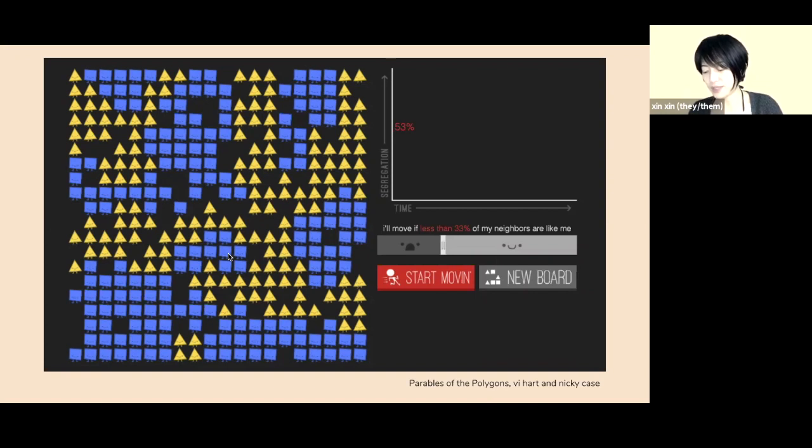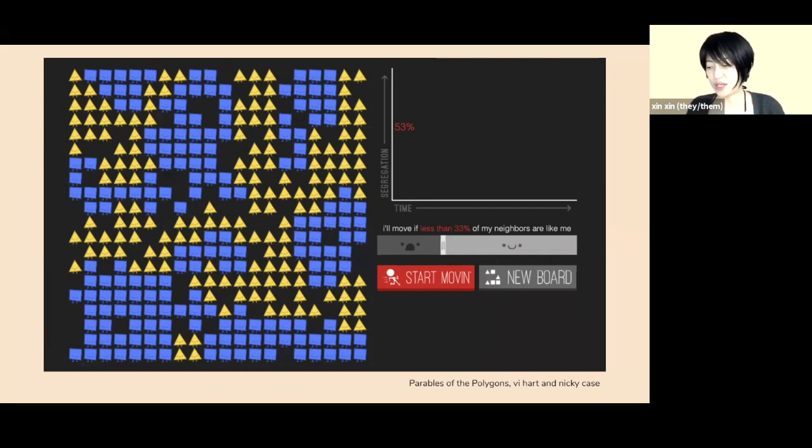So in this case, this piece that is really fun to play, I would highly recommend checking out on Nicky Case's website, called Parables of the Polygon. It is a game where the scenario is that both the triangles and the squares would be unhappy if they are living in a neighborhood with only a third of their neighbors being like them, or not like them.